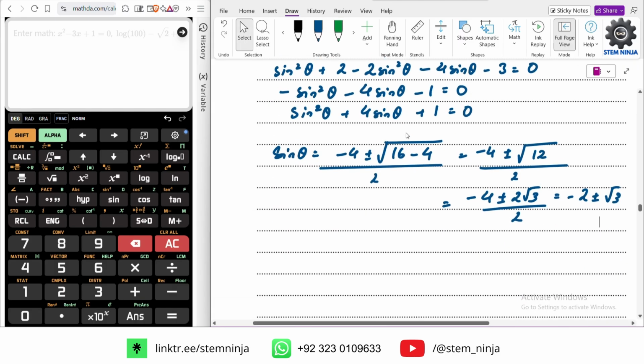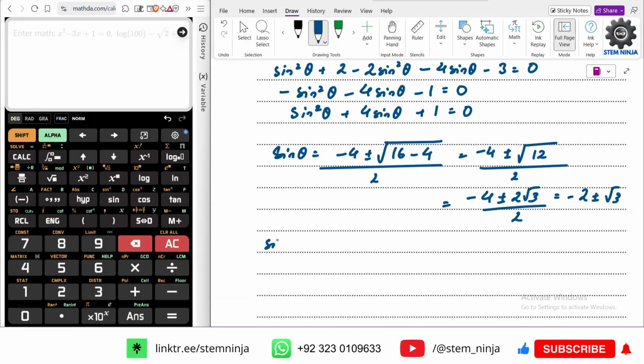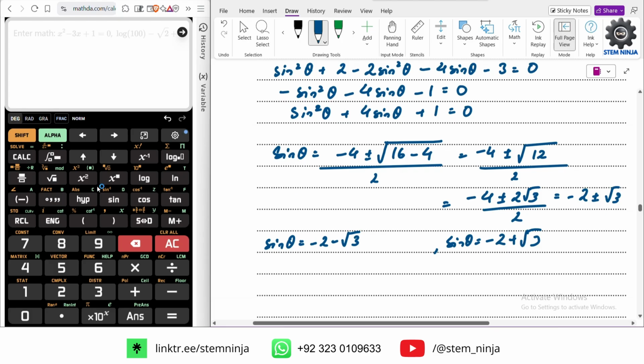We need two values. So we will use two values, right? So first sine theta is equal to minus 2 minus root 3, and sine theta is equal to minus 2 plus root 3. So that's what we will do over here.